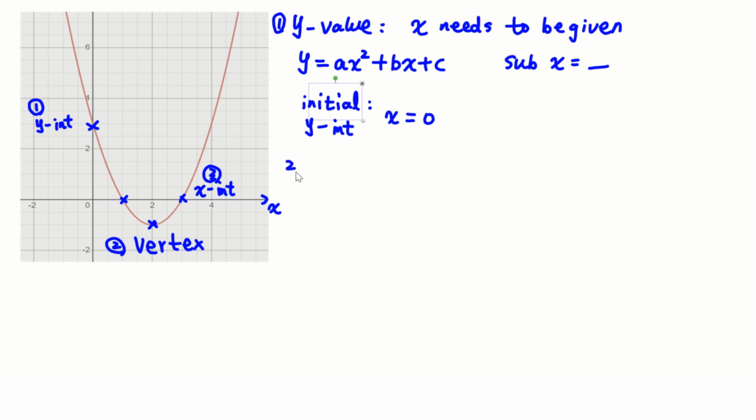The second type of question asks you for the vertex. How can you tell that the question is asking you for the vertex? You look for the keywords max, minimum, or vertex. When you are looking for the vertex, there are two ways you could do it.